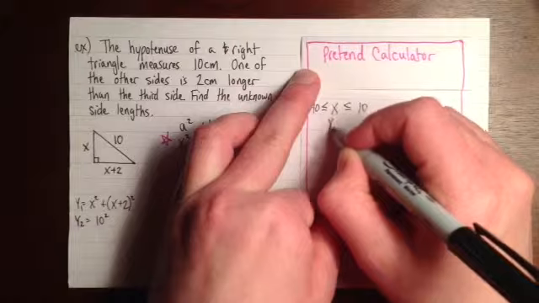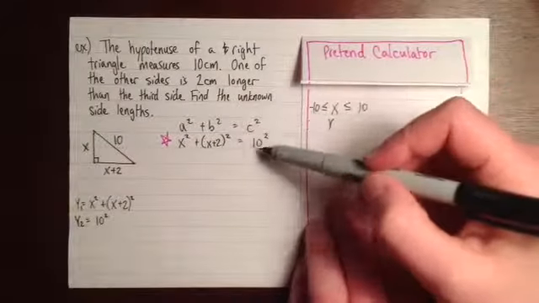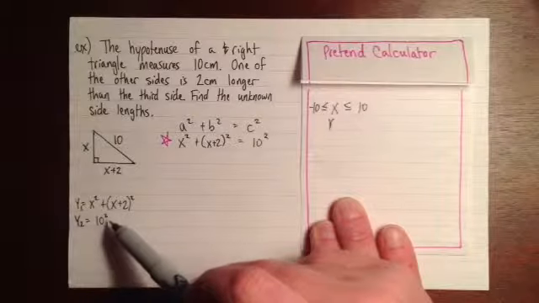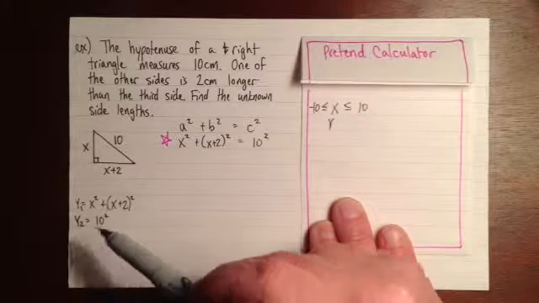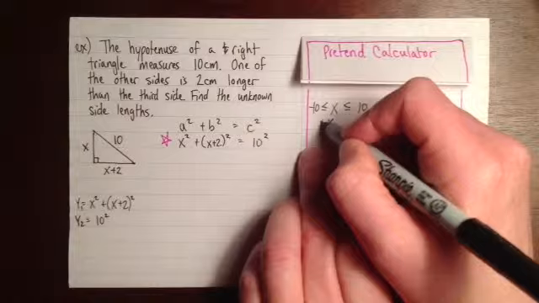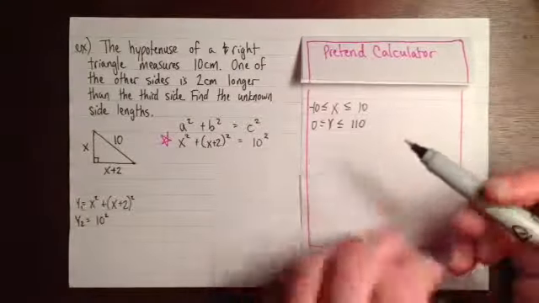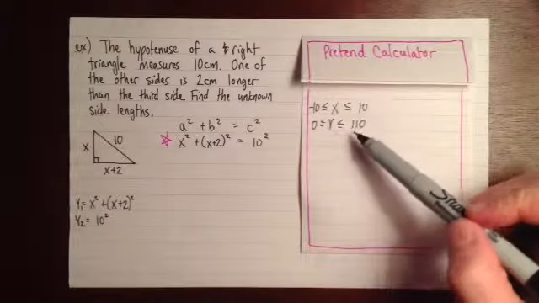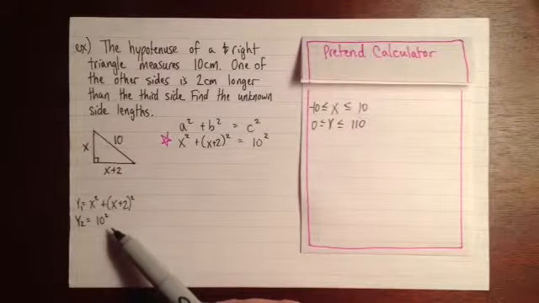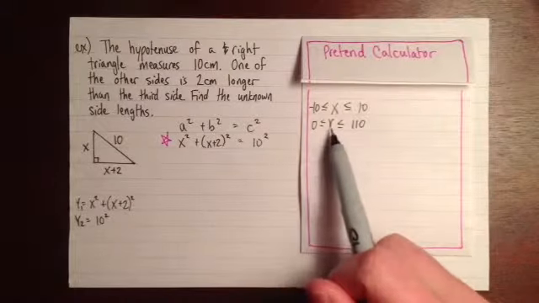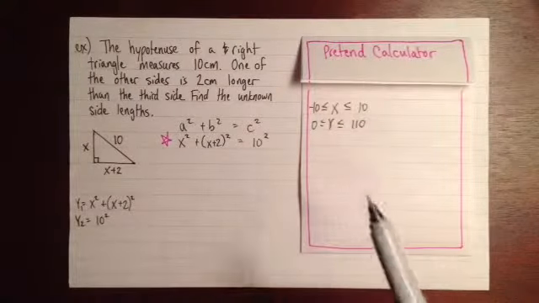My y value, I know it's going to be a straight line at y is 100. Because I'm interested in seeing what's going on, I'll start my y's at 0 and go up to 110. Any settings will actually work. You could go from 99 to 101, as long as they include the line at y equals 100. But it's more interesting to go from 0 to 110, because then we can see the parabola.